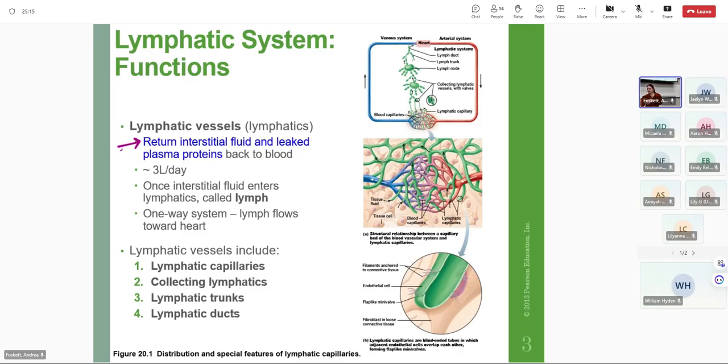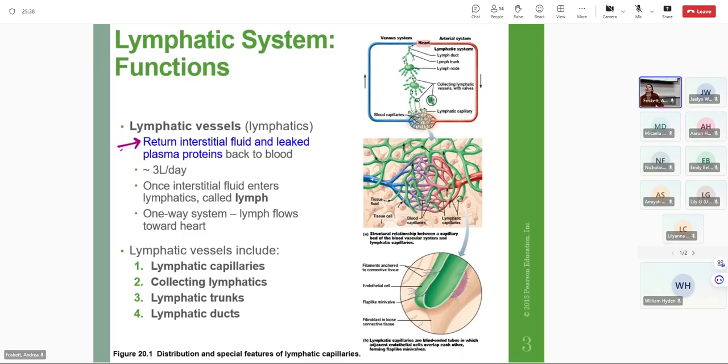So when you're thinking about this network of vessels, the smallest vessels are called capillaries. This is very similar to blood capillaries. Got to think back to what that looked like. Blood capillaries were your exchange vessels. This is where exchange of gases and nutrients occurred between the blood and the tissue beds, right? And you'll also cover this in lab when you do capillary filtration.